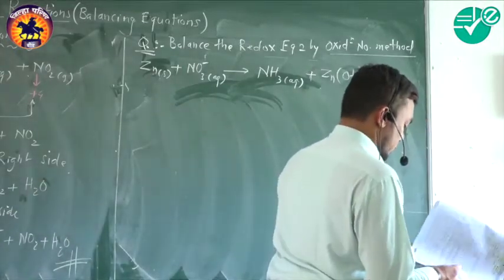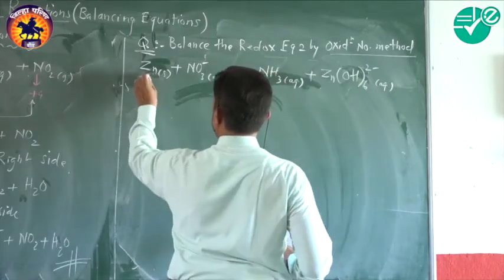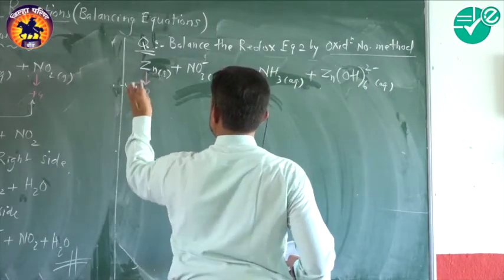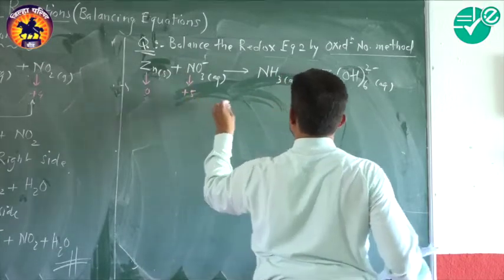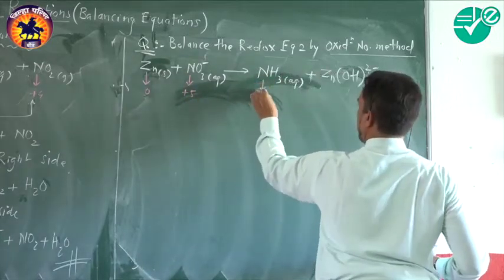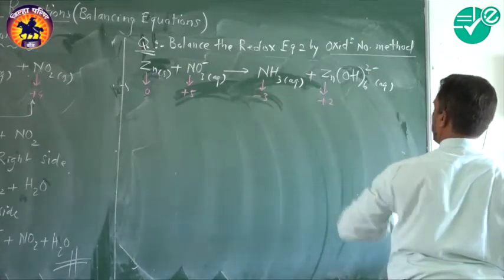Okay, first of all we have to write the oxidation number of each one. Zinc is 0, nitrogen is plus 5, here nitrogen is minus 3, here zinc is plus 2.